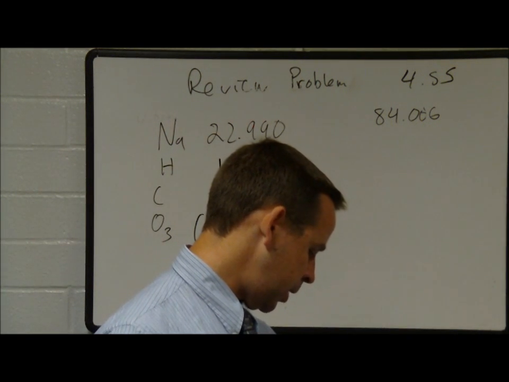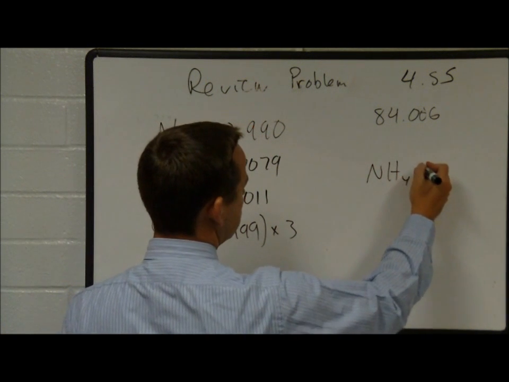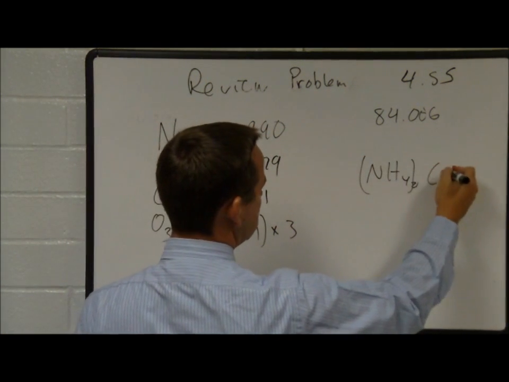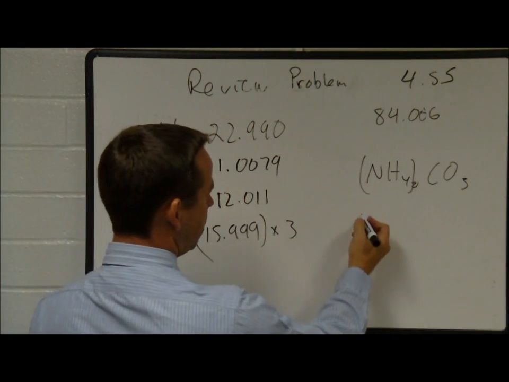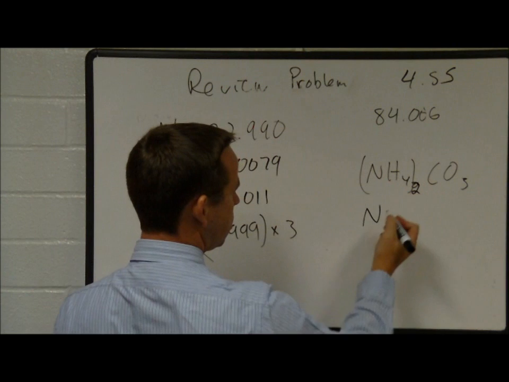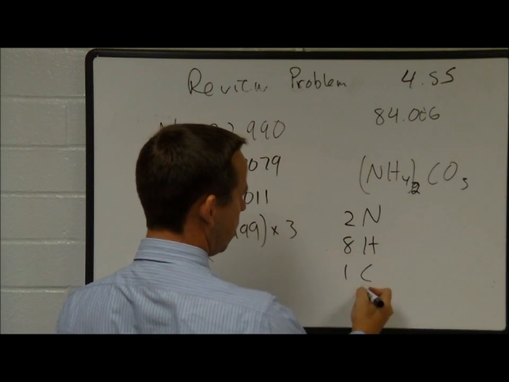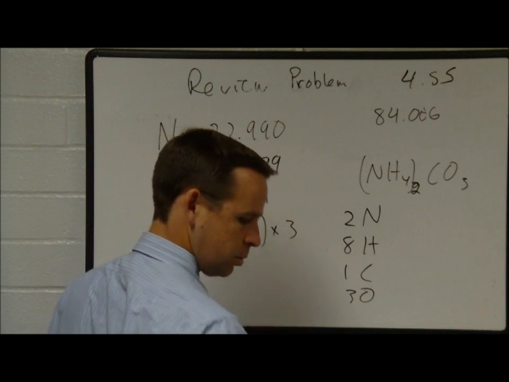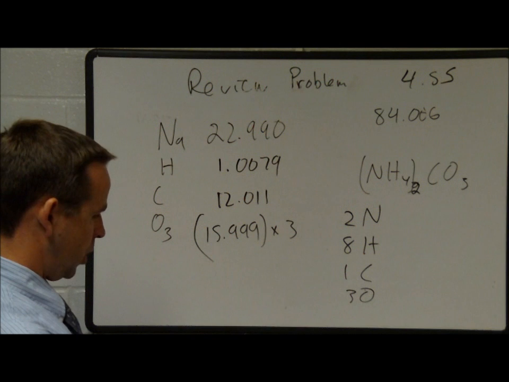B, ammonium carbonate, (NH4)2CO3. Right? So we have 2 nitrogens, 8 hydrogens, 1 carbon, and 3 oxygens. Carbon, we have it up here, 12.011.